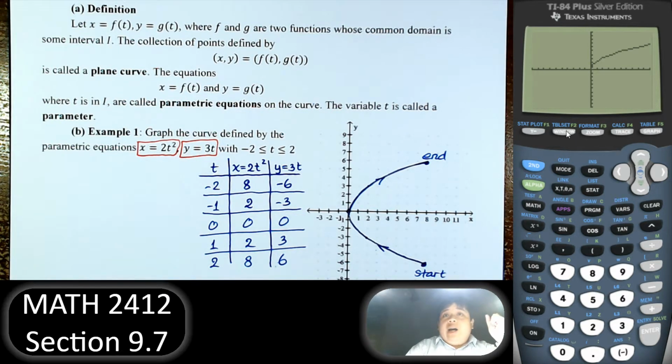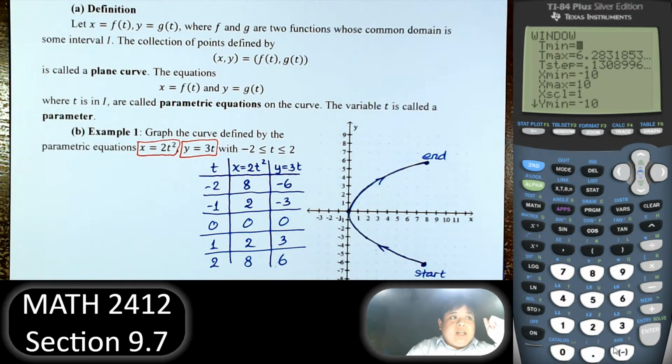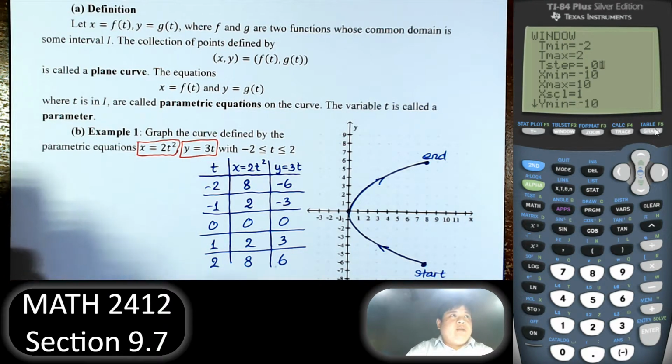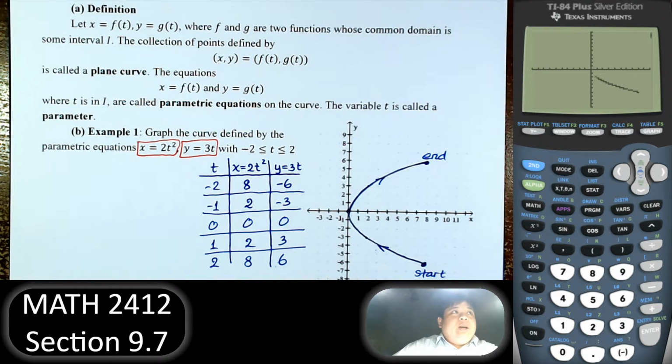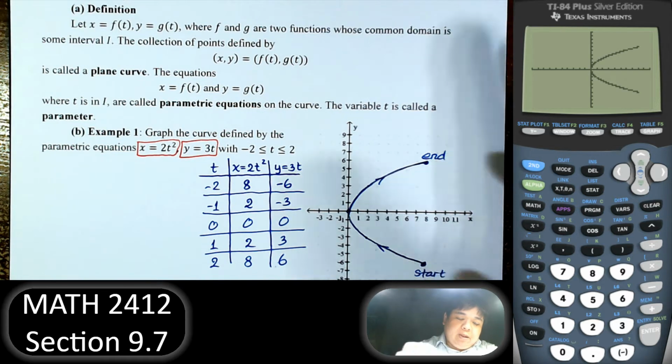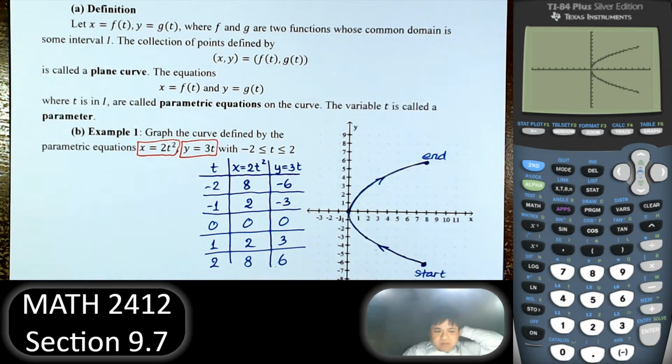However, we need to go to window because t goes from -2 to 2. Let the increment be 0.1, or 0.01, that's good enough. Then we have the parabola that goes like that. So that's good to know.